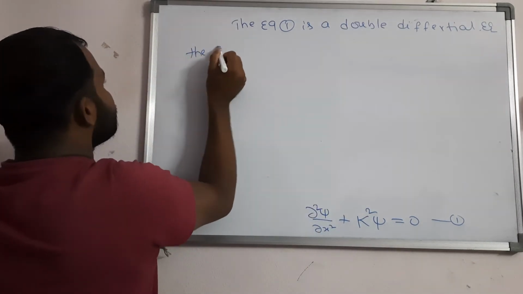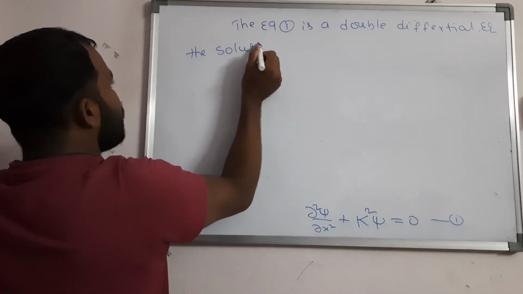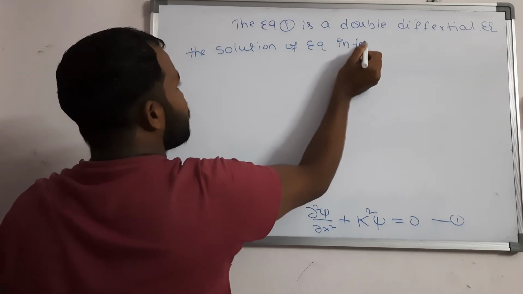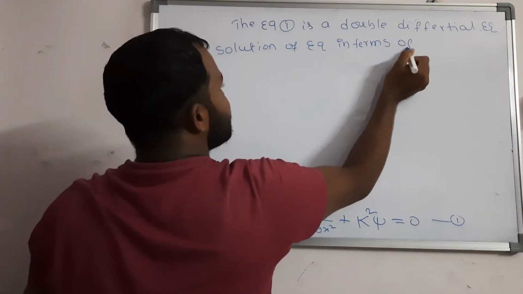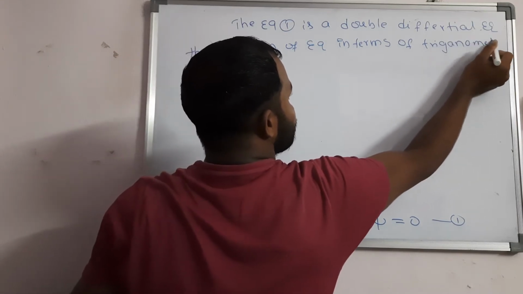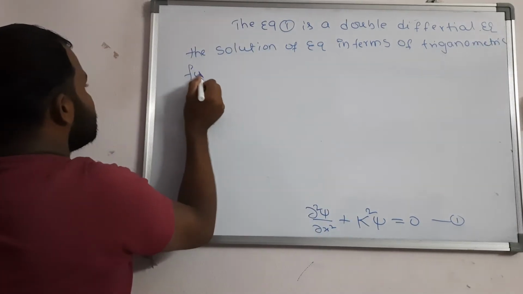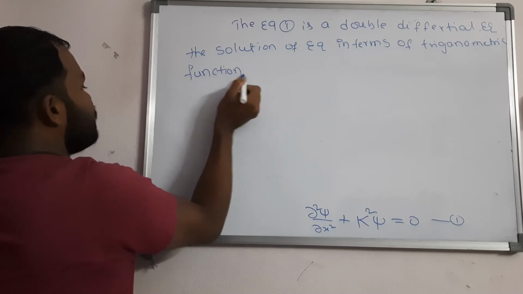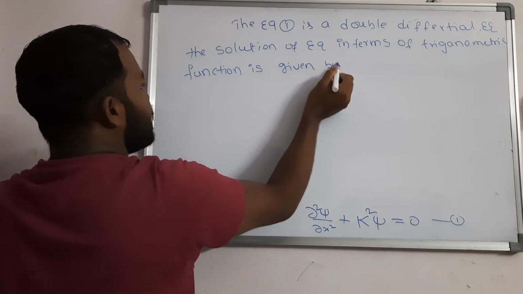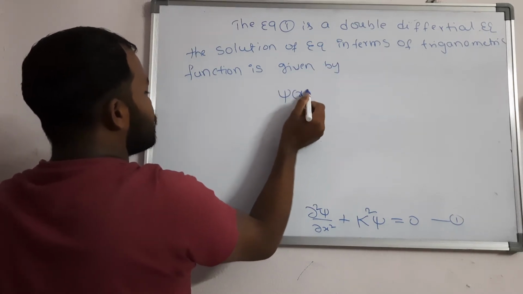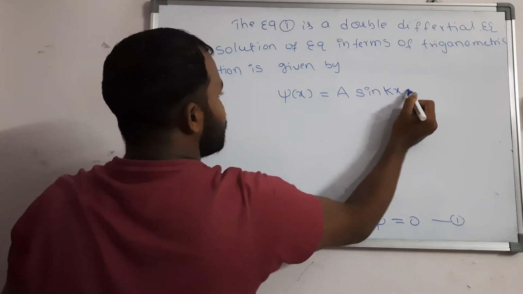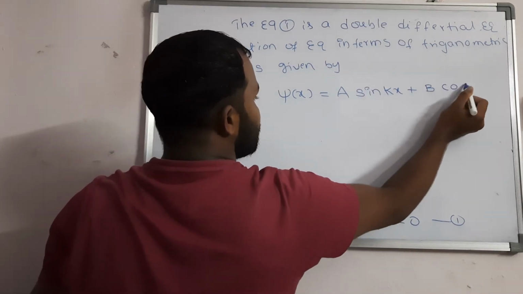The solution of the equation in terms of trigonometric functions is given by, directly I am writing, psi of x is equal to a sin kx plus b cos kx.